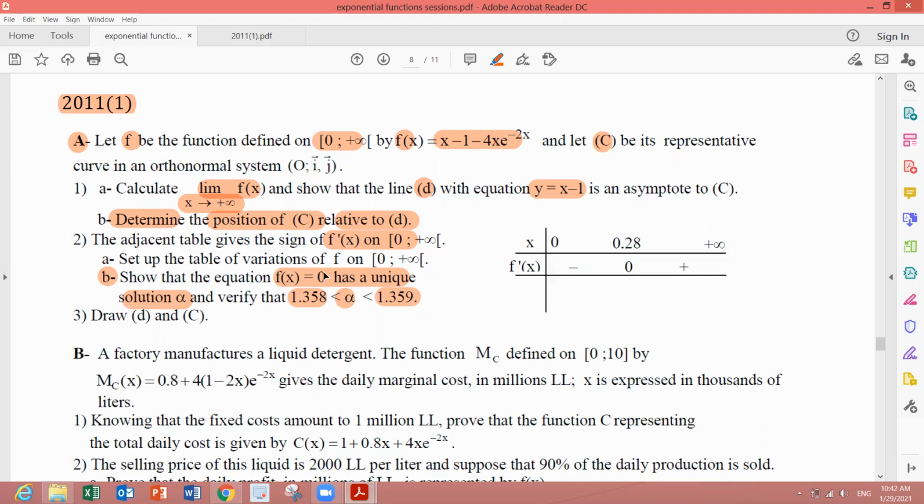We have two things: we have to prove f(x) equal to 0 has one root, and then we need to verify this one. What is the first step? We say f is continuous and strictly increasing. Why increasing, not decreasing? 1.358 and 1.359 in this table are greater than 0.28, so the function is increasing.